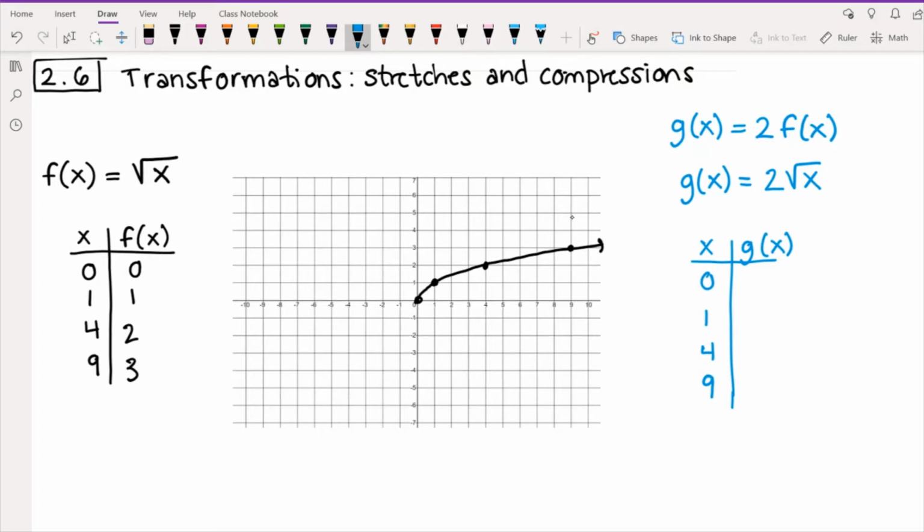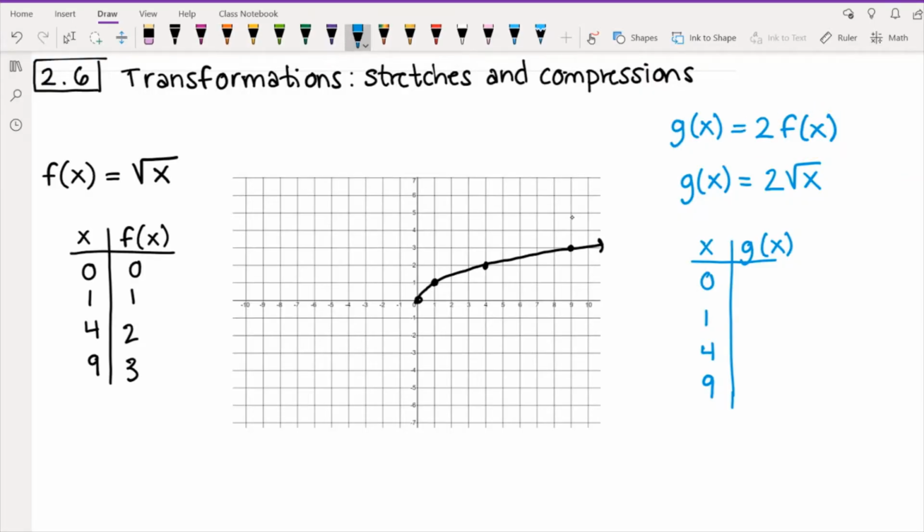And so how is this going to affect our outputs? Well, as we plug in these numbers, we're still going to take the square root of them, but then we're just going to multiply the result by 2. You can even see that without writing this formula out, because what we're doing is evaluating f of x, the outputs of the original function, and then multiplying those results by 2.